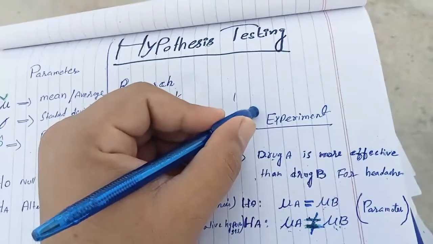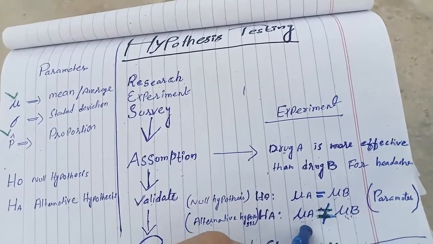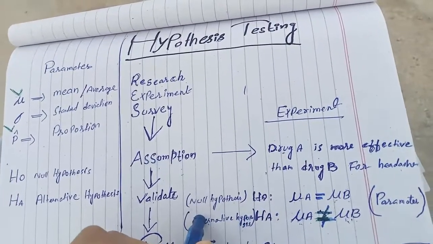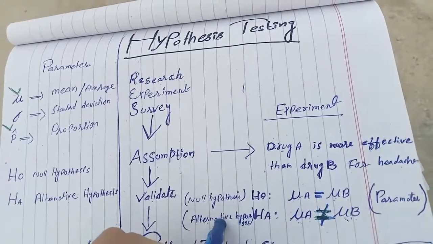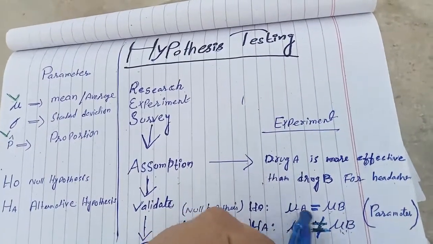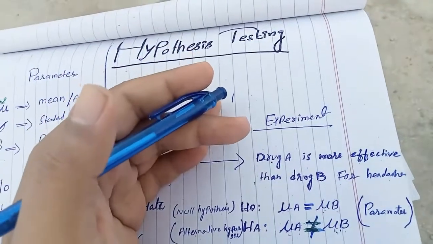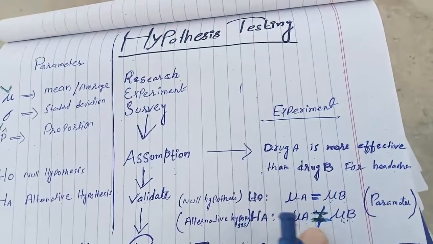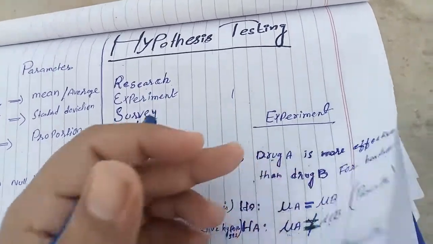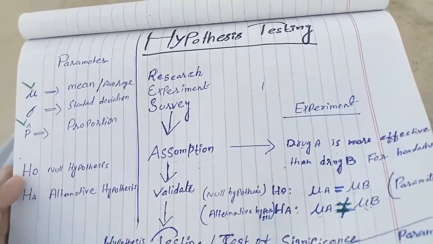This is the experiment's assumption made on a parameter, on an average, or mu, right? We state this experiment assumption as the alternative hypothesis, and we make a null hypothesis, which says it is equal. The experiment makes the assumption that it is not equal. The null hypothesis is always like that, equal, mostly in cases.